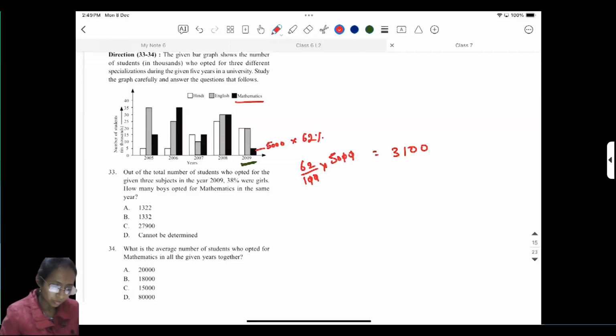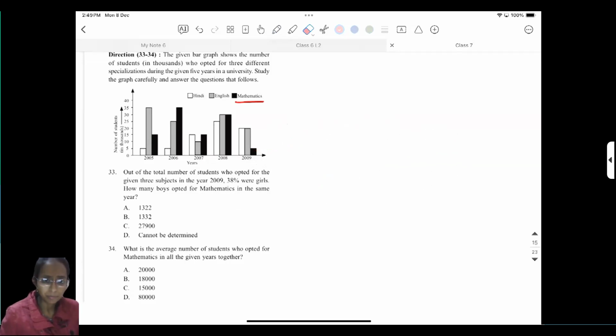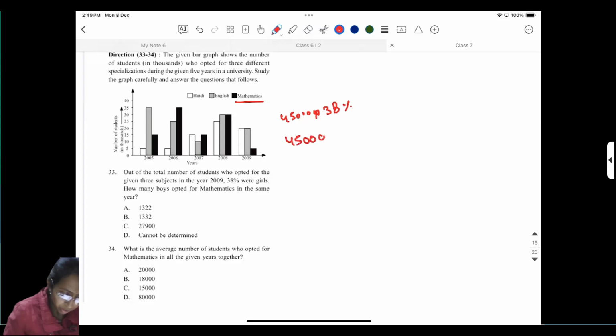In this question, what we had done is, 38% of the total students were girls. That means the total is 45,000. Out of 45,000, the girls are 38%. So out of 45,000, the remaining 62% are boys.